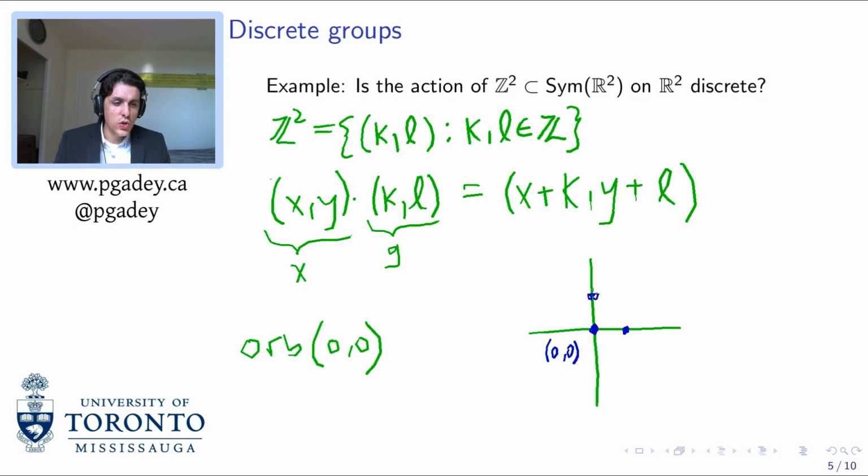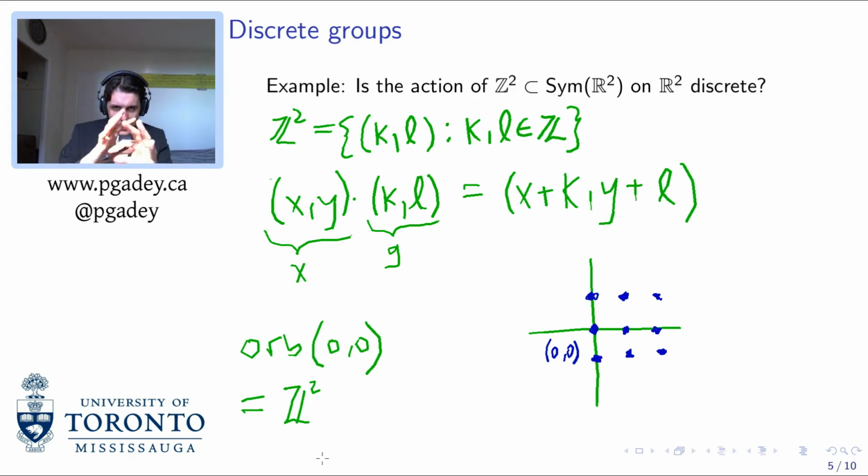So we can translate over by a unit, up by a unit, or we can translate over and up by a unit at the same time. So what we obtain under all of these translations is this sort of lattice shape, and we wind up looking at all of the points with integer coefficients. Right? So this lattice is really well separated, it's well spaced out, and we wind up obtaining that this is a discrete group action.